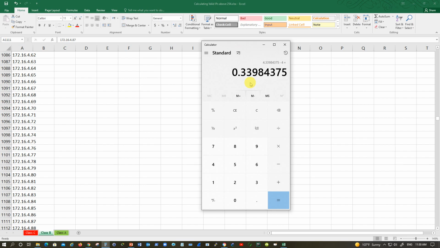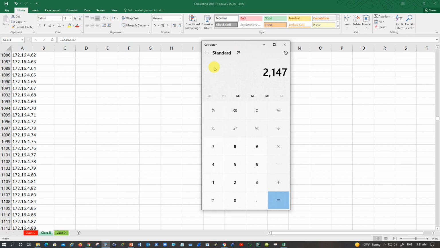Still you are not done. This value should now be multiplied by 256 to get 87. See, 4.87 corresponds to the 1111th address.